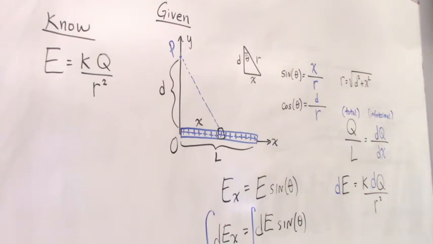Can we plug it in? We can. We have all the pieces necessary. What's dq equal to? Multiplied by dx on the other side, you get that dq equals Q dx over L. Cool? So we have this integration variable, dx. We can plug that in.